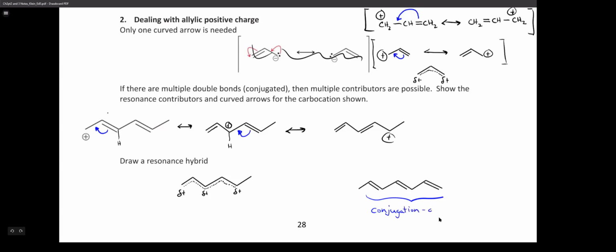It is an alternating pattern of double and single bonds, right? Although I'm going to use the word pi bonds because technically one of those could be a triple bond too. Okay. I could make one of them a triple bond and I would still use the word conjugated.